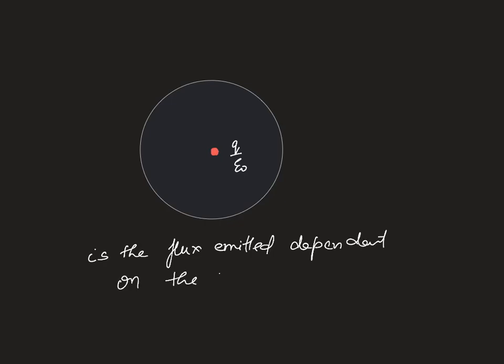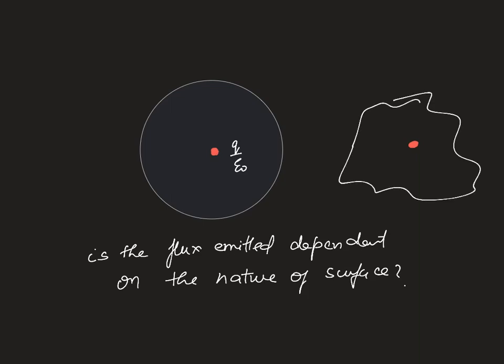Now the question is, is the flux emitted dependent on the nature of the surface? Let me reframe this question. I have the same charge and I take a very absurd kind of surface here. What is the flux passing through this surface? And what is the flux passing through this surface?